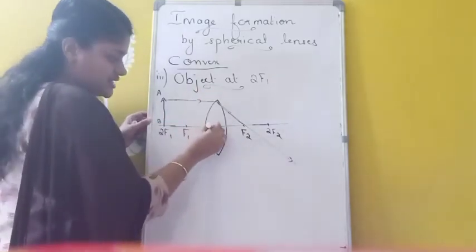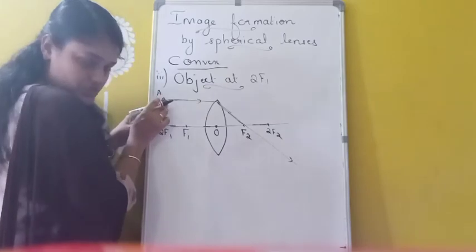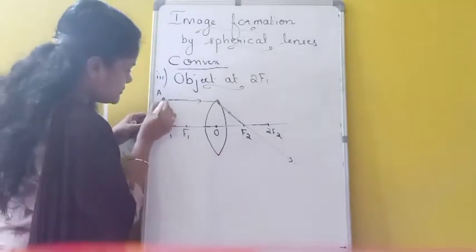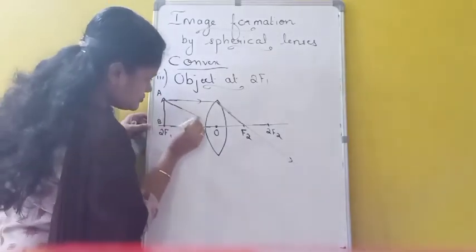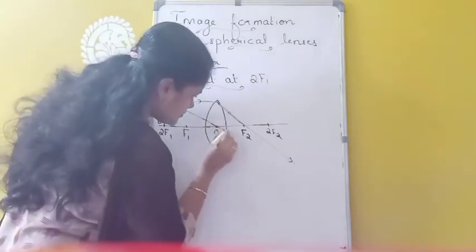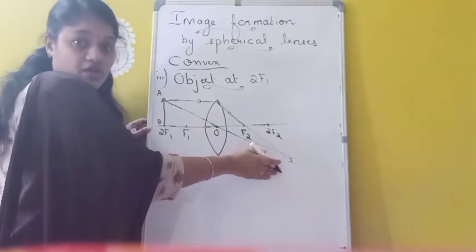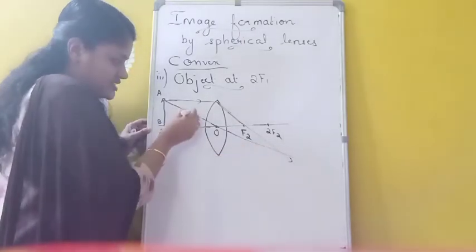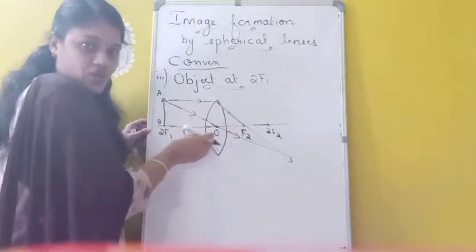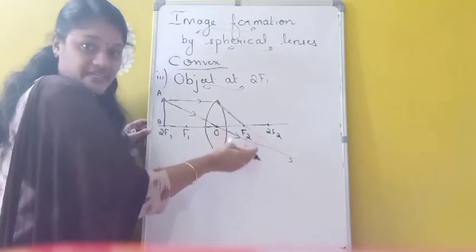The second light ray, I am taking a light ray coming from the object passing through optic center. This light ray is going straight without undergoing any refraction or any deviation.